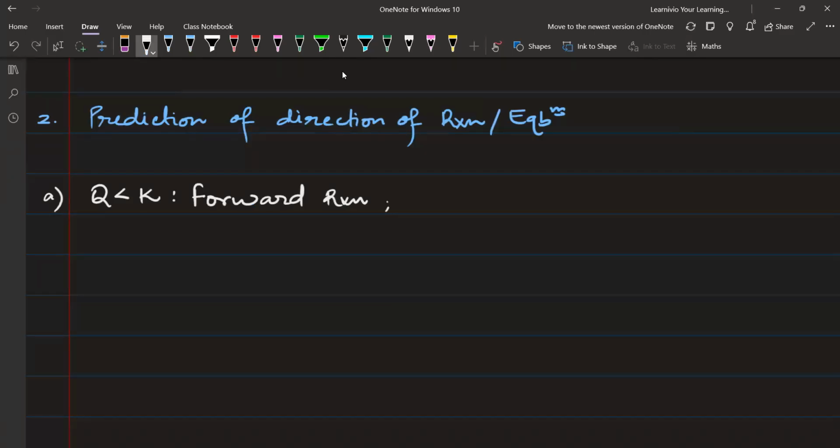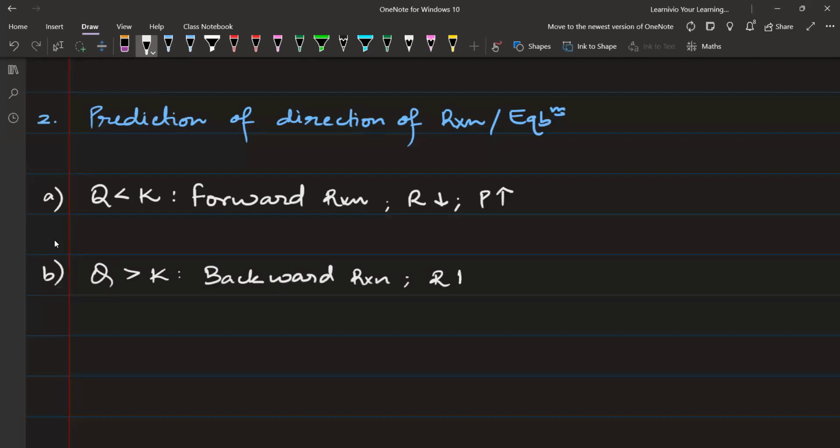So the reactant is going to decrease and the product is going to increase in this case. If Q is greater than K, then it will be backward. That means the concentration of reactant is going to increase.